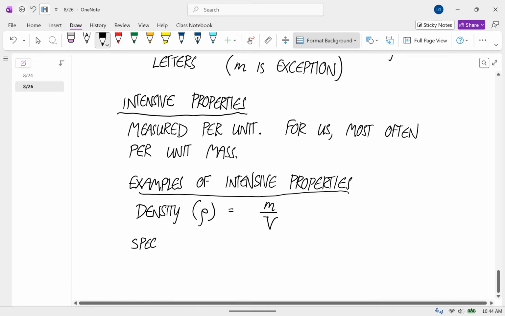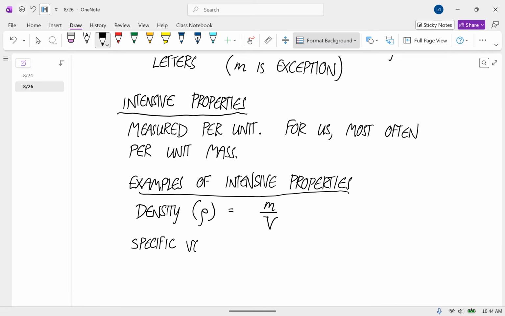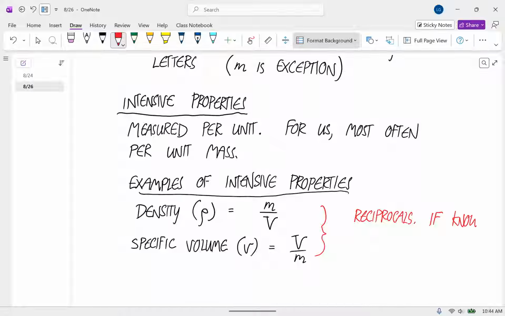Specific volume, and we'll represent this with a lowercase v. A lot of times these intensive properties are going to be just the lowercase version of what the extensive version would be. So volume is capital V, specific volume is lowercase v, and that's equal to the volume per unit mass. I put these two next to each other because notice that these are just reciprocals of each other. And that means if you know one of them, you know the other one.